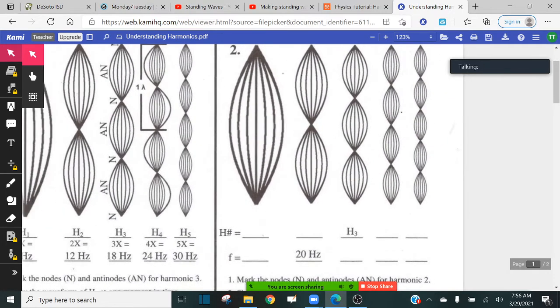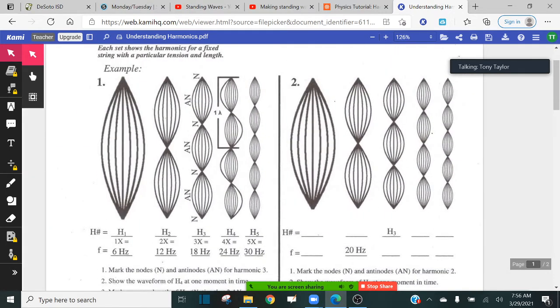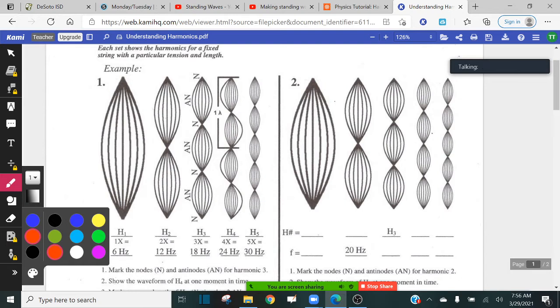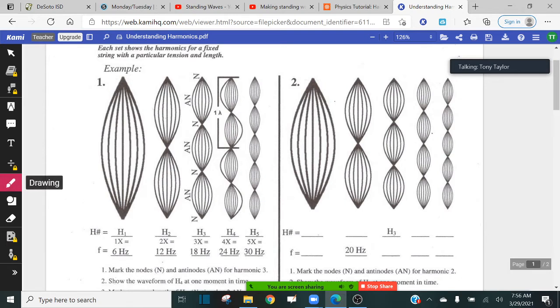Let us focus on number 2. On number 2, we have a guitar string, and it's vibrating at different harmonics. Here's the first harmonic, here's the second harmonic, the third harmonic is already written in for us, this is the fourth harmonic, and this is the fifth harmonic.